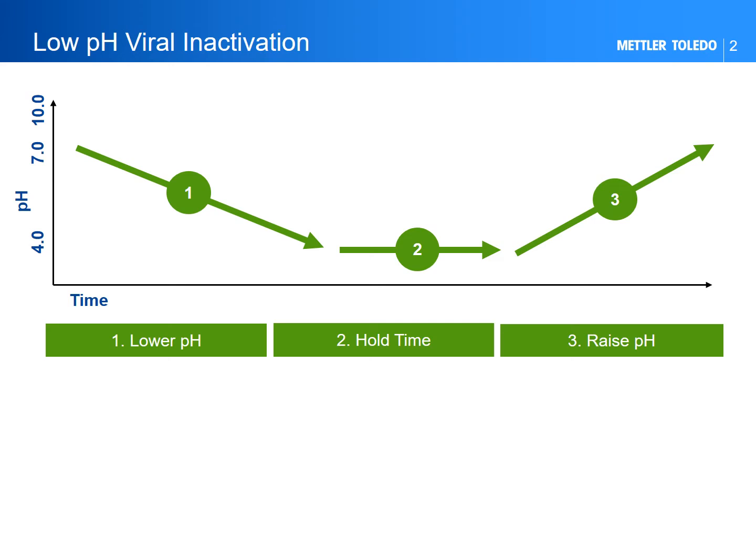A time-based hold to ensure the low pH conditions have been reached or completed for the inactivation of the virus and the viral burden. 3. Finally, a reversed titration back to a physiological or other buffered pH condition which is favorable to both drug substance stability and further processing.